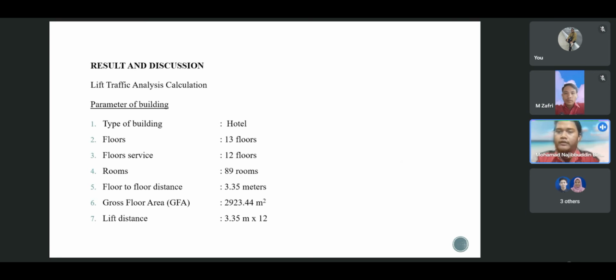Guest rooms, 89 rooms. Floor to floor distance, 3.35 meters. GFA, 2923.44 square meters. This distance is 3.35 meters times 12.